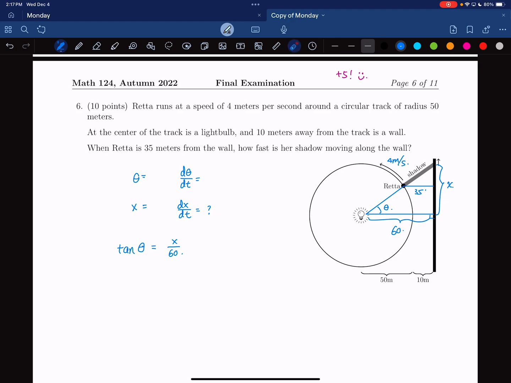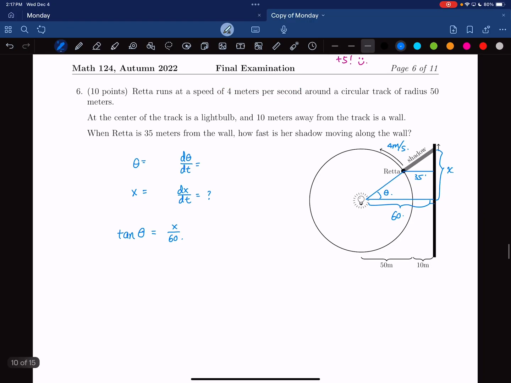Now let's figure out d theta/dt first. To figure out d theta/dt, I'm going to use this 4 meters per second. The formula I'm going to use is the one we were using in the previous question: if I have r times theta, that's equal to the arc length. In other words, if I divide both sides by r, theta is the arc length divided by r.